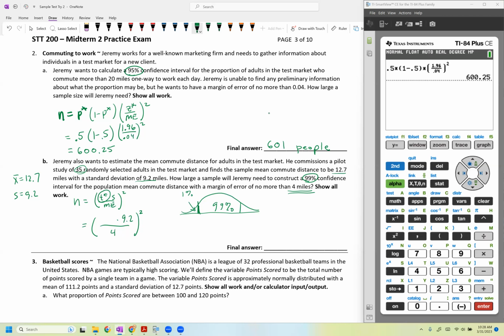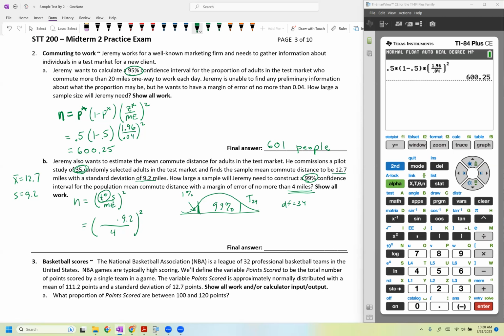Since we've already got 35 in the pilot study, I think we're going to use 34 degrees of freedom. So what we want is the lower tail to be 1% in a t-distribution with 34 degrees of freedom. How would we find that?